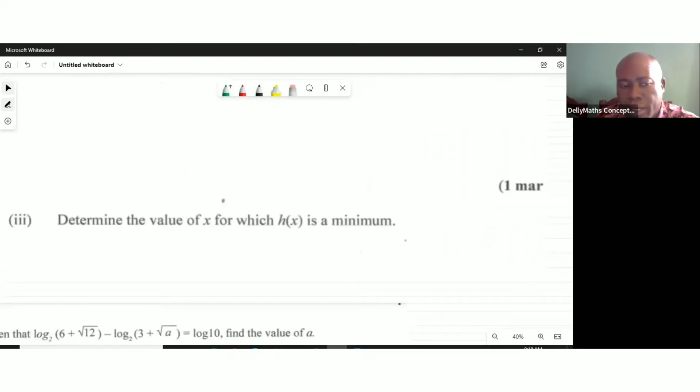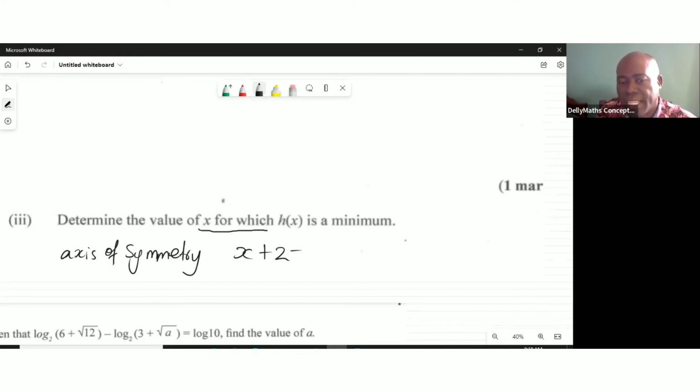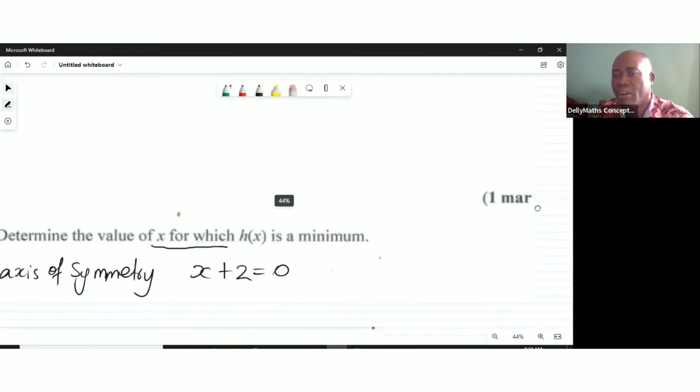Next question, determine the value of x which h of x is at minimum. Now, what we want to understand is that at any maximum or minimum, the only x value of a quadratic that is at a maximum or minimum is our axis of symmetry. So this question basically is asking what is the equation of the axis of symmetry? In other words, what is the x value that is at the minimum right now? This is when we'll take this section and equate it to 0 and then solve right here.